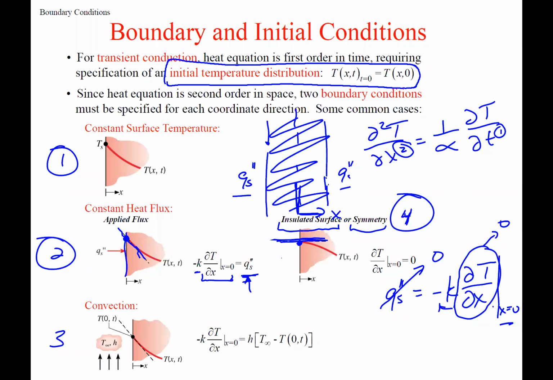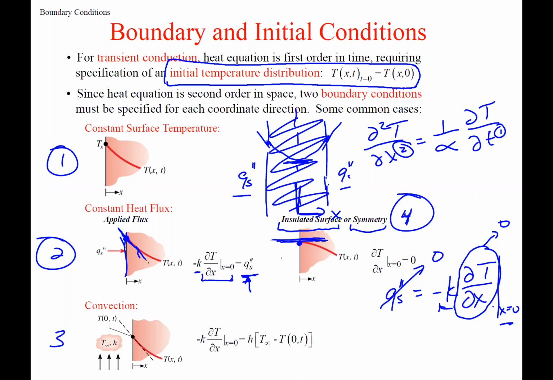It's going to be the same on the right as the left because it has the same thing happening on the left and the right. So the temperature distribution could look like this. We have this constant heat flux on this side and this side, so the slope is the same. But then the slope in the middle is 0, right?